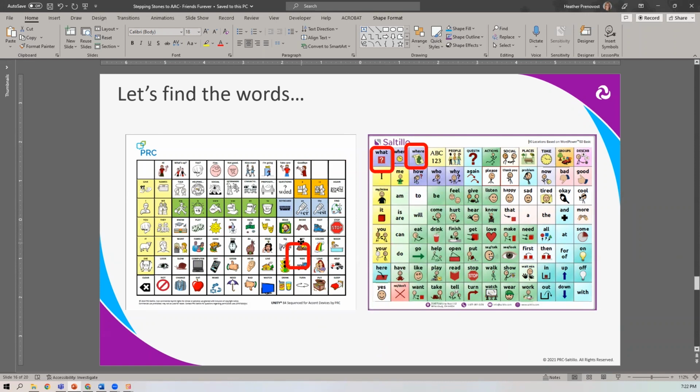On devices, you are able to go in and find those words and highlight them, put a border around them to help draw attention to them. Our question words on the Unity board are going to be in there, so we might be modeling where we're going on that low tech and then going into the device.